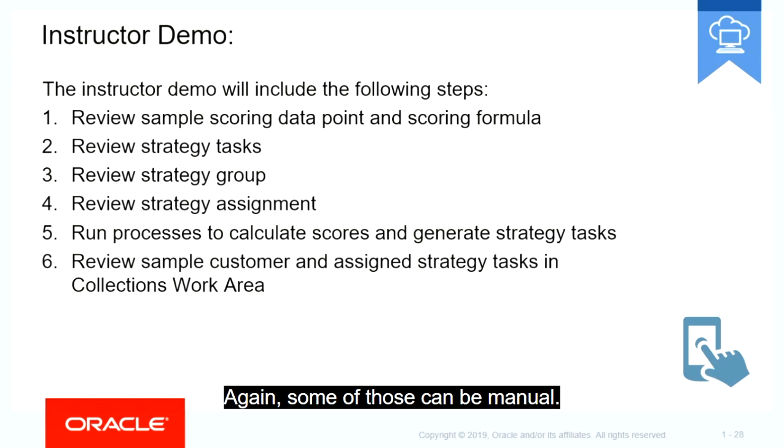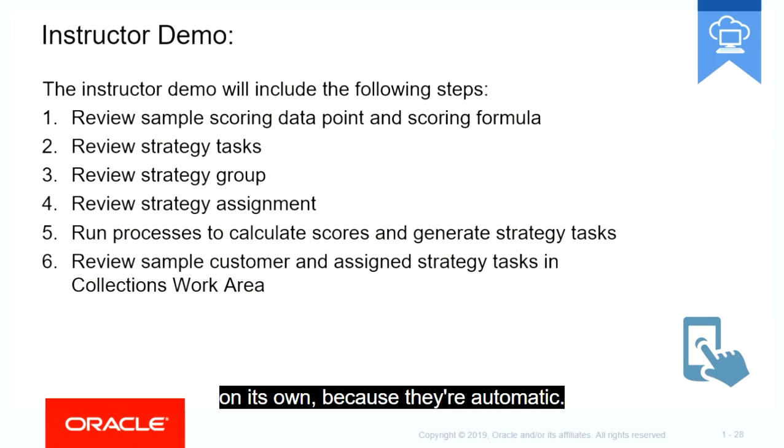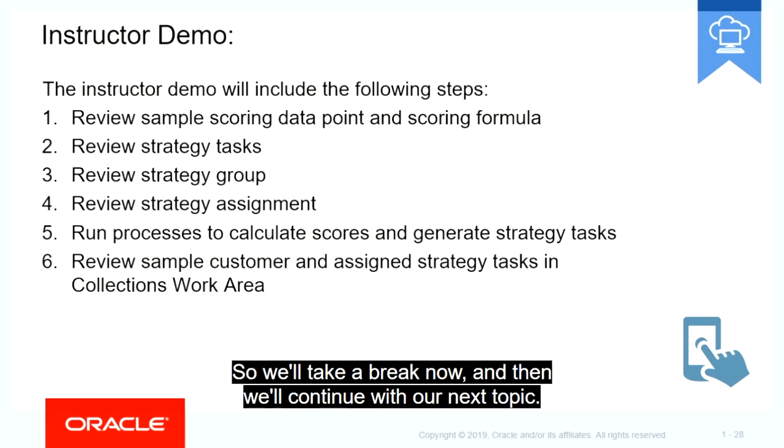Again, some of those can be manual, some of those can be things that the collections application performs on its own because they're automatic. Then we went to the collections work area and took a look at the customer and saw how a strategy task was assigned to the collector in question. So we'll take a break now and then we'll continue with our next topic.